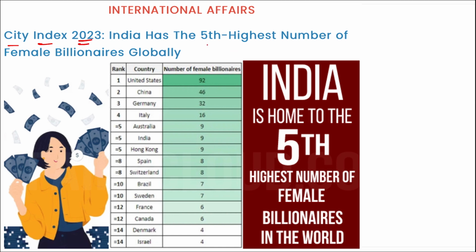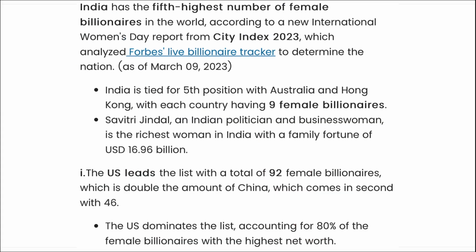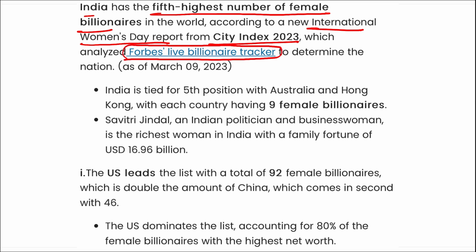It states that India has the fifth highest number of female billionaires globally. According to a new International Women's Day report from City Index 2023, which analyzed the Forbes Live Billionaire Tracker to determine the female rich list globally.